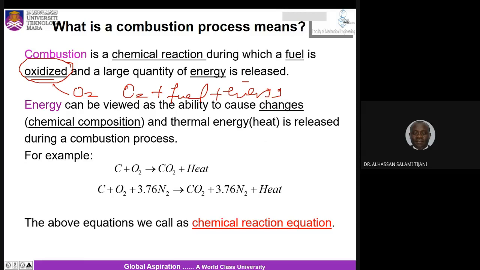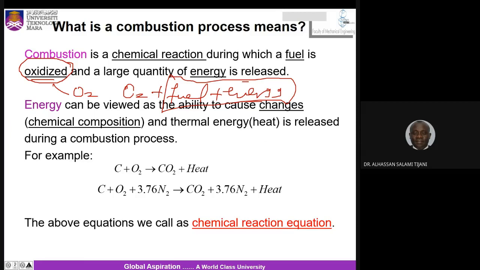For example, you can have fuel and energy, but if there is no oxygen, there is no combustion taking place. Similarly, you can have oxygen and fuel, but if there is no energy, there is no way you can have combustion. Now, energy can be viewed as the ability to cause change. We all know this from our basic thermodynamics.